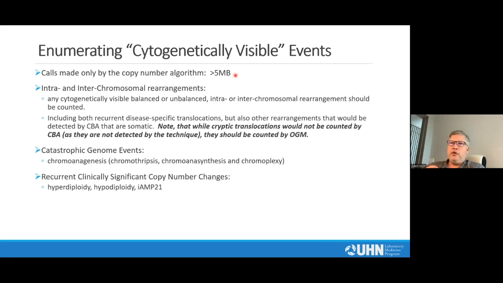I know many of you, we've had this argument. It's a huge argument. I think I probably brought it up before. What is actually cytogenetically visible on a bone marrow karyotype? 5 megabases is euphorically optimistic. We sort of said 10 megabases is probably normal, or you're probably getting into a range where you can actually see it.